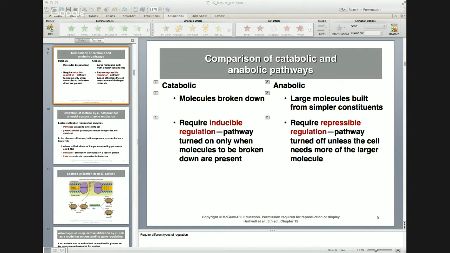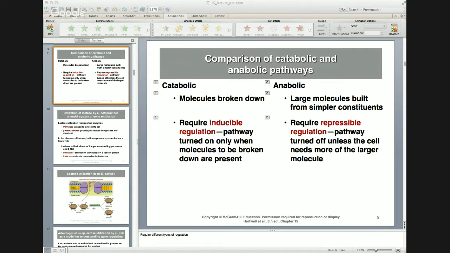Okay. In the absence of lactose, if lactose is not present, these two enzymes, the permease and the beta-galactosidase, are present in the cell, but they're present at very, very low levels.